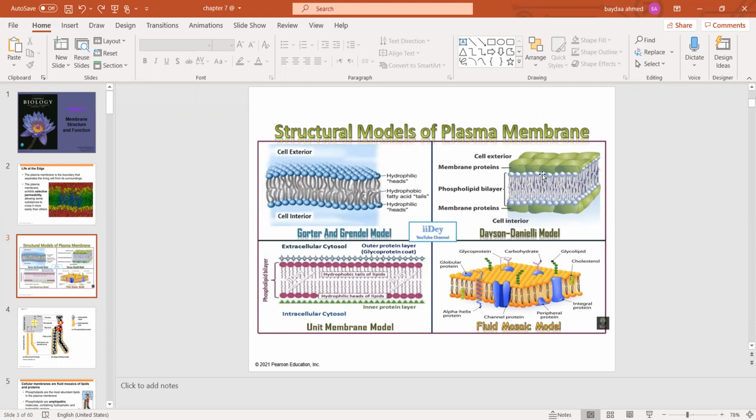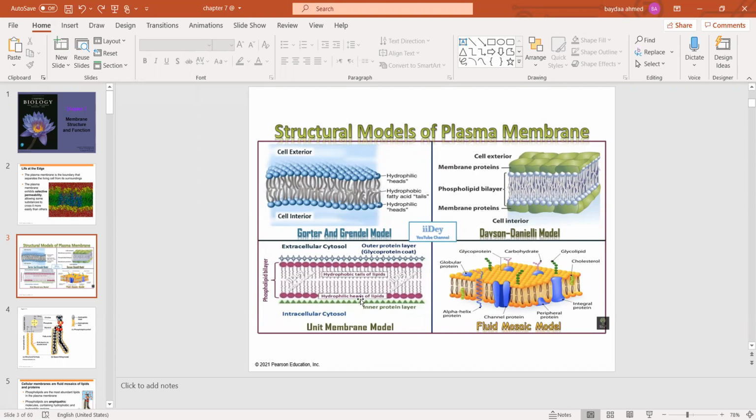It included the phospholipid bilayer on the inside of the cell membrane and a globular protein coating both sides, the outer surfaces of the cell membrane.